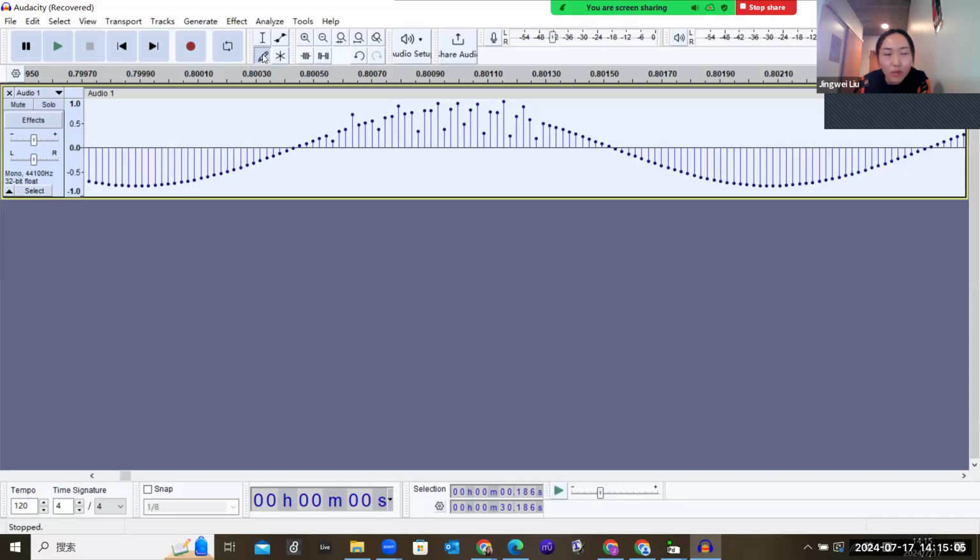But they have this convenient tool that you can use to change those individual points by hand. Although I'm not sure how practical this function is, it's something you can do. You can change those discrete points here.